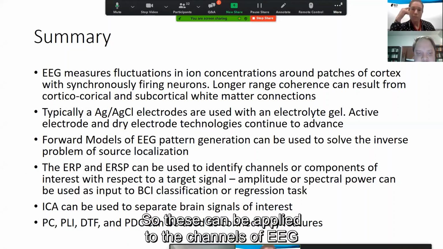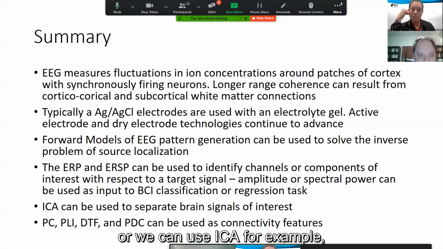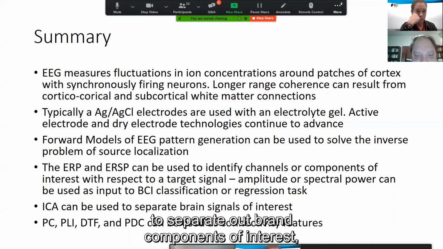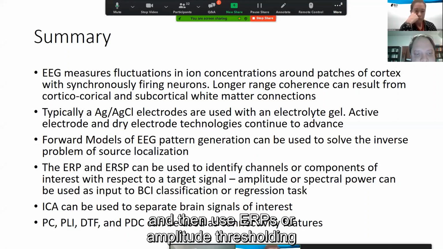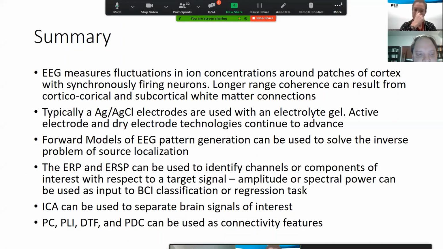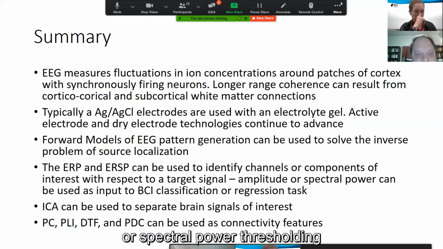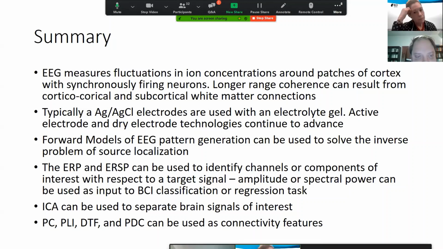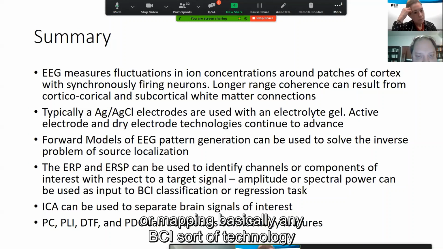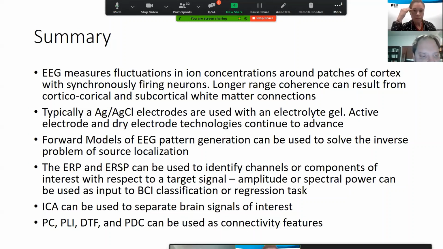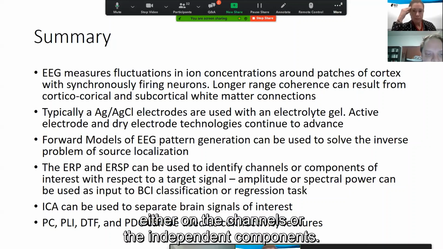These can be applied to the channels of EEG, or we can use ICA, for example, to separate brain components of interest, and then use ERPs or amplitude thresholding or spectral power thresholding or mapping, basically any BCI technology, either on the channels or the independent components.